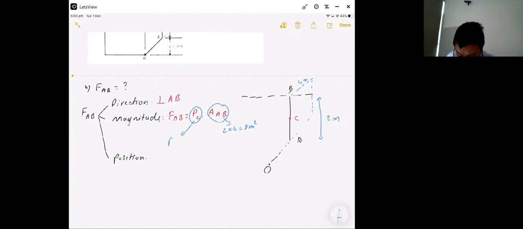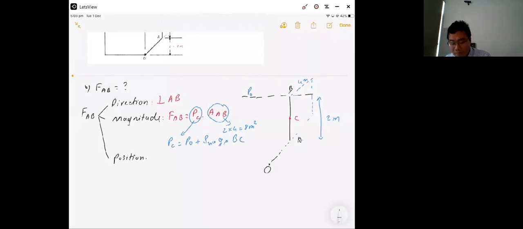Okay, so PC will be equal to PO, this one is PO on the water surface, plus rho Z S, where S is a distance, which is BC. So plus rho of water times g times BC.